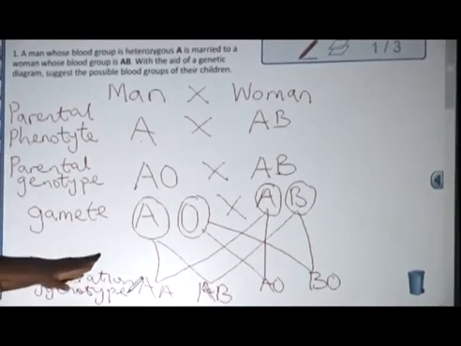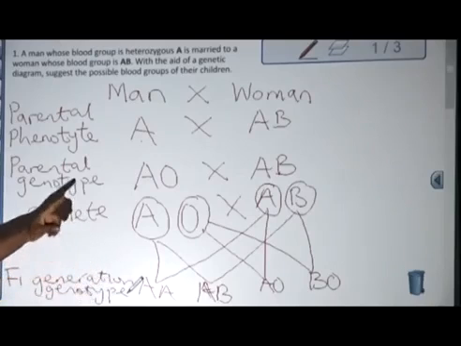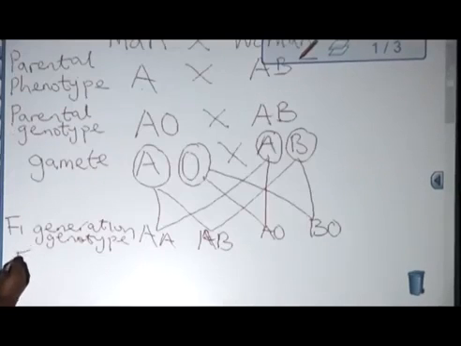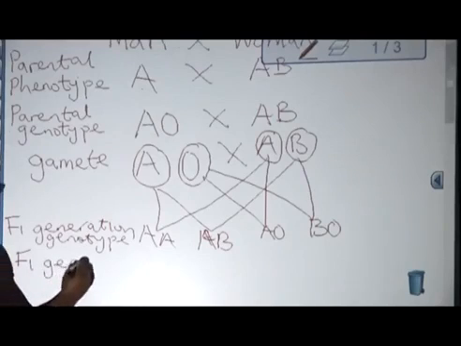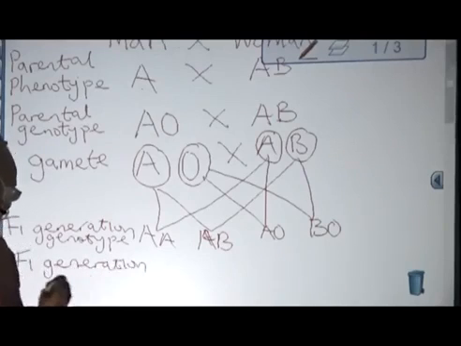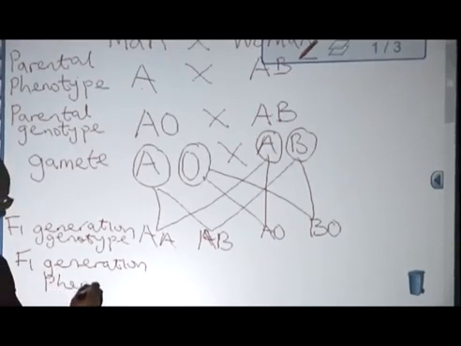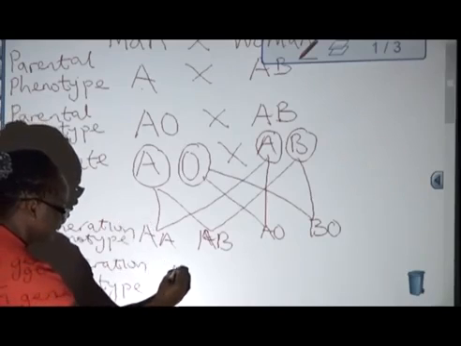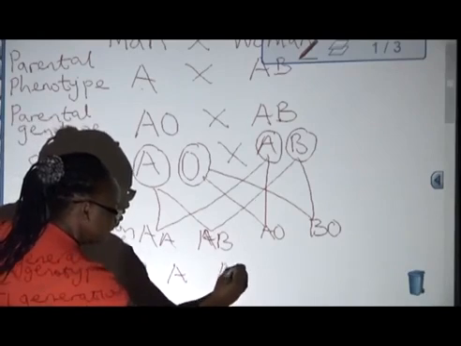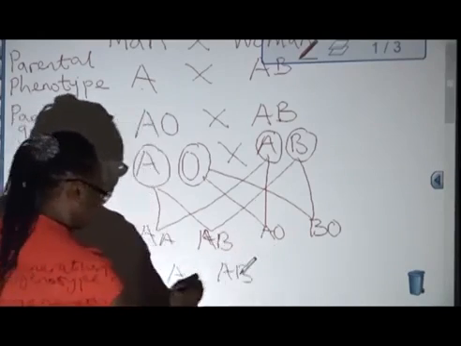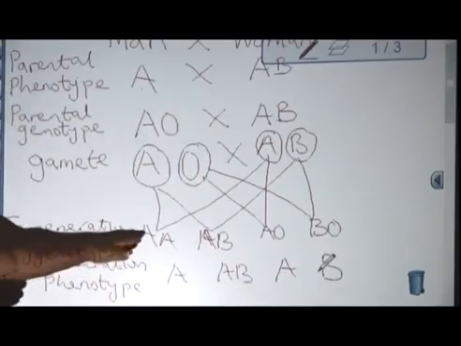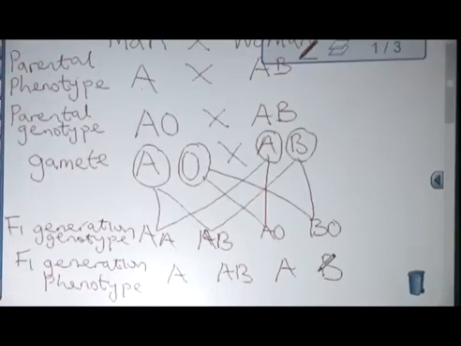When you are looking at this now, we have blood group A, but that blood group A is AA. We have AB, we have AO and BO. Then the F1 generation phenotype. AA will give you A. AB will give you AB.